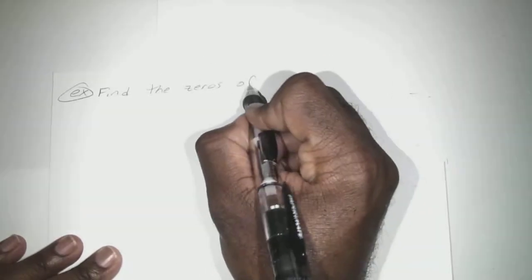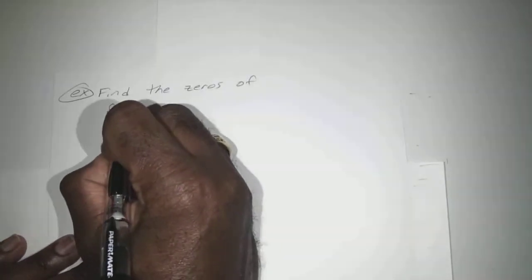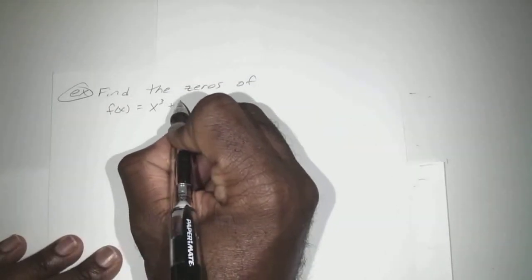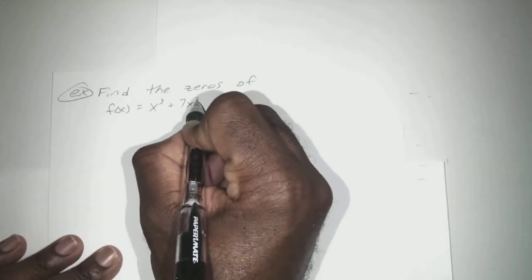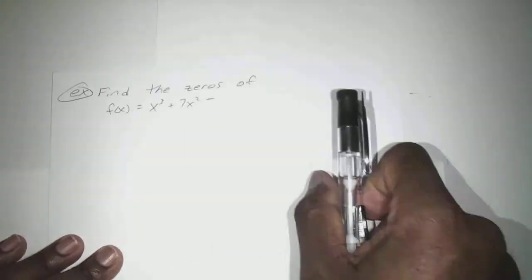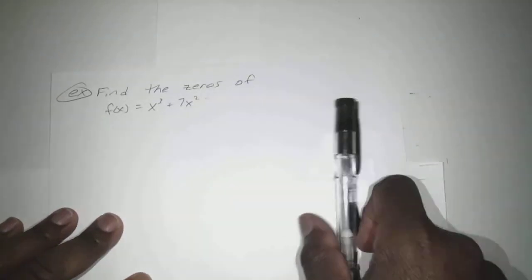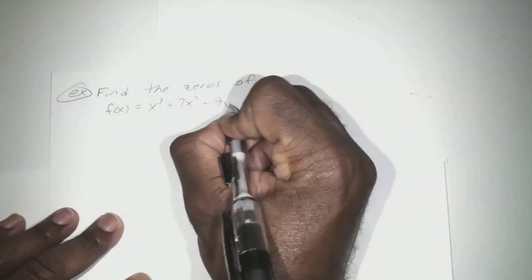Let's say, for example, we want to find the zeros of the polynomial f of x equals x to the third plus 7x squared minus 9x minus 63.